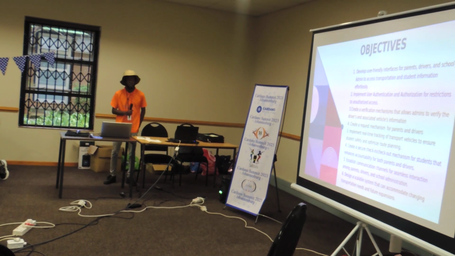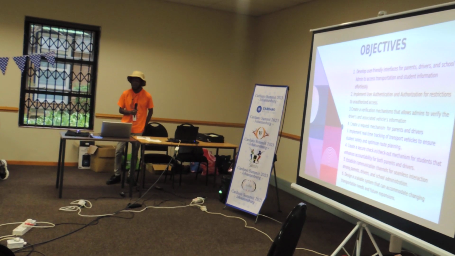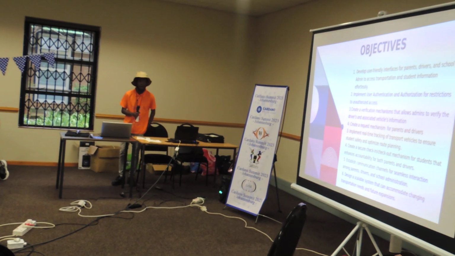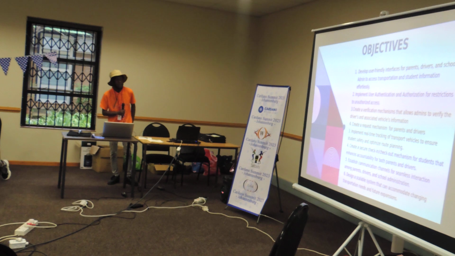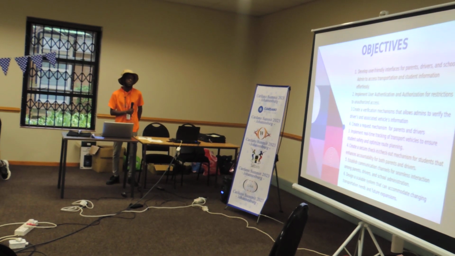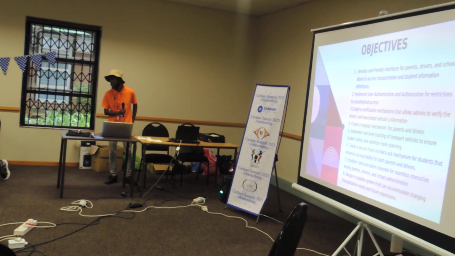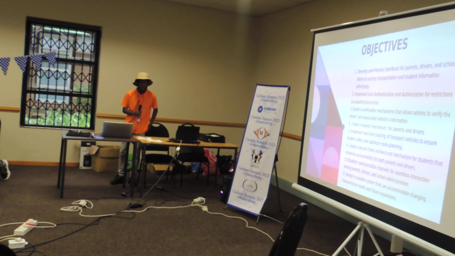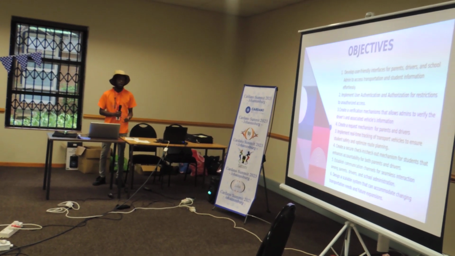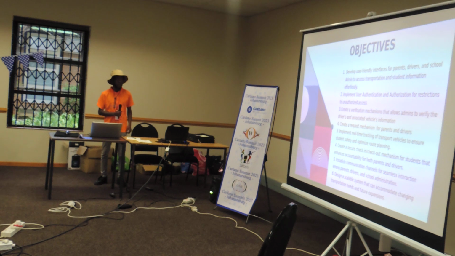In other words, if you are an admin, you should only have admin access, if you are a parent, you should only have parent access, if you are a driver, you should only have driver access, right? We created a verification mechanism that allows admins to verify the drivers and associated vehicles' information. In other words, the admin can verify the driver's license, the vehicle, and also the driver's information.